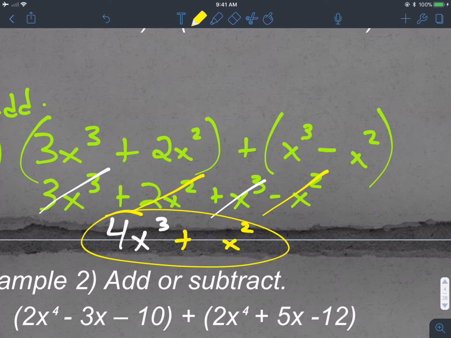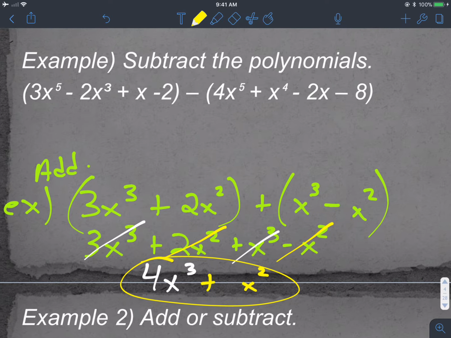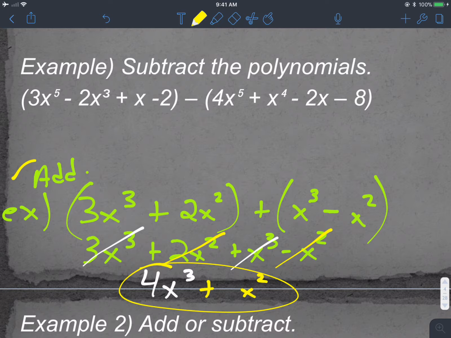With the minus, it does matter because you have to distribute the minus to everything. All right, look at the one up top.